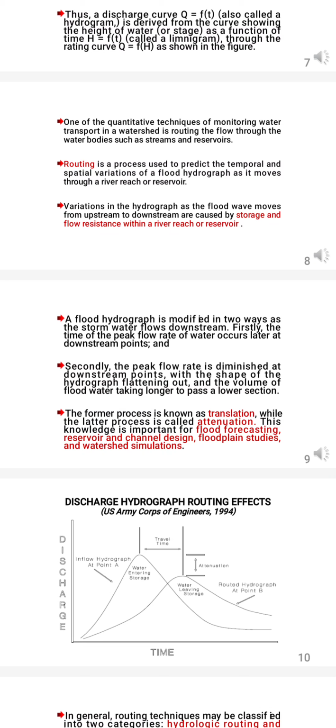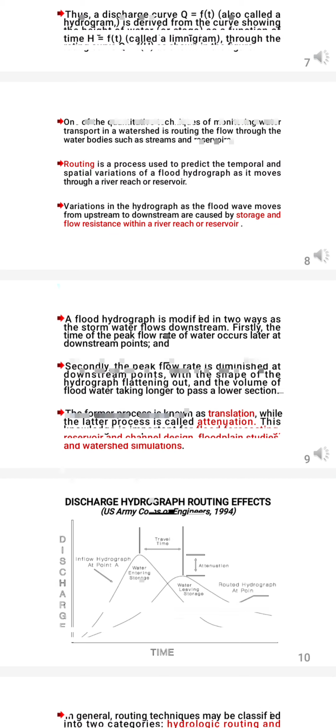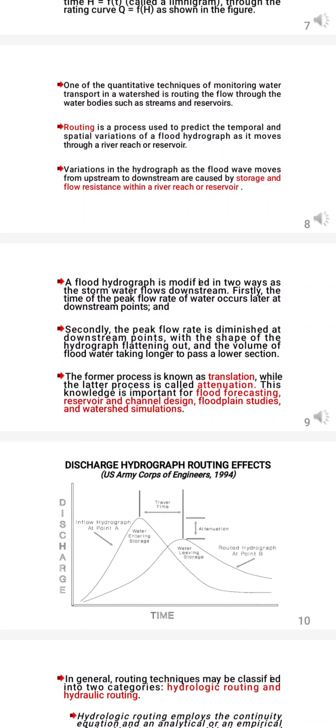Sometimes they can damage roads, property, and infrastructure generally. So flood routing is very important because you are able to know the mitigation measures that you can put. So it is very important in flood risk management.